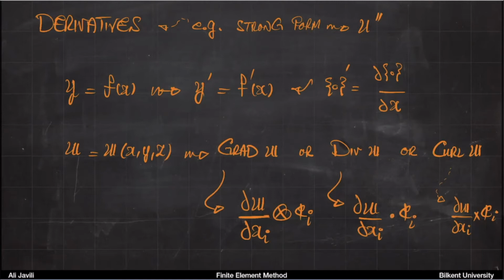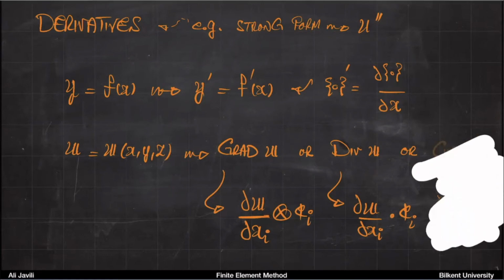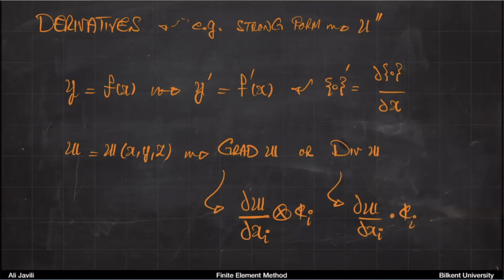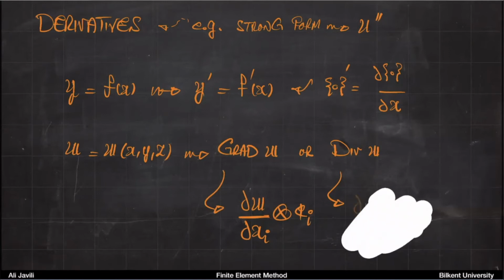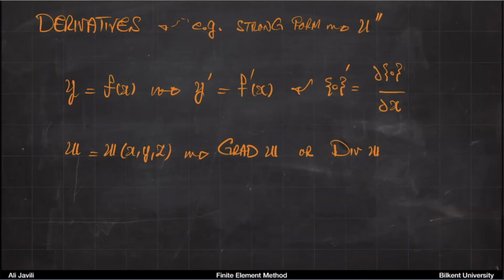But as I mentioned, you don't have to worry about that curl anymore. I am going to drop it from now on. And then also we write this in a more compact format soon, but you have it now for that.